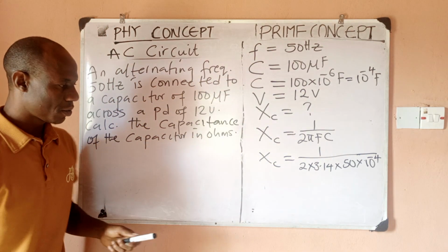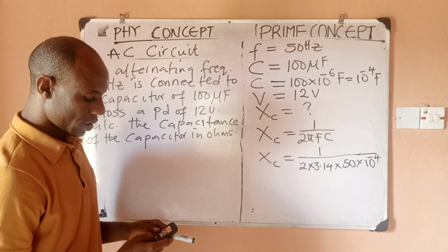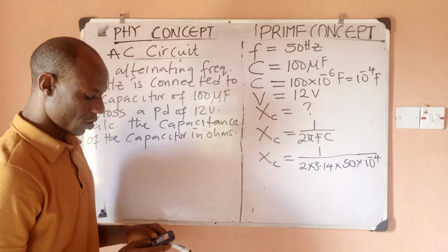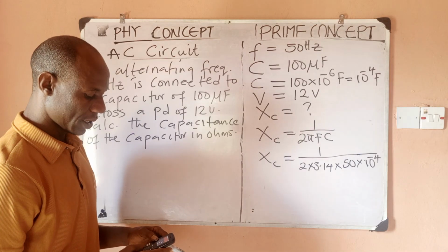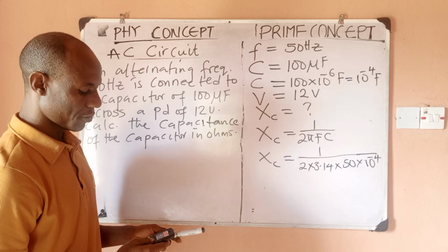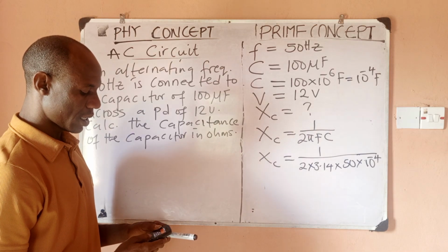So if I punch this, I would have 2 times 3.14 times 50. So this would give me 314. So quickly I would say 1 divided by 314.